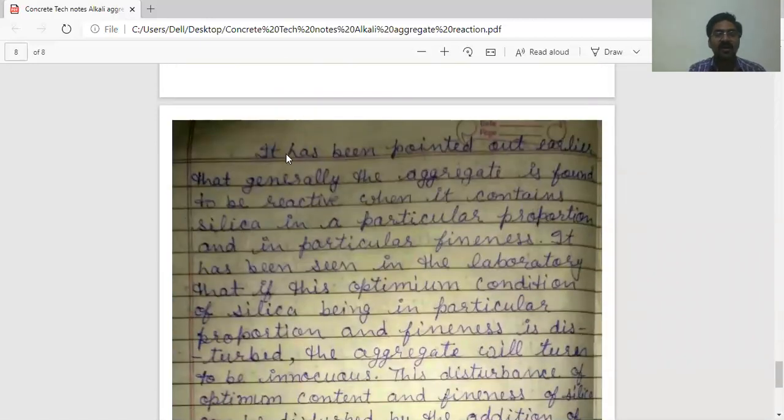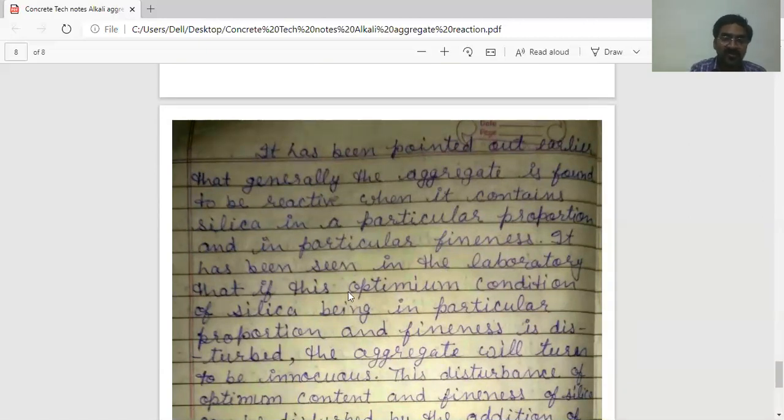And another measure is prevention of alkali aggregate reaction. It has been pointed out earlier that generally the aggregate is found to be reactive when it contains silica. Only in this case, aggregate is found to be reactive when it contains silica in a particular proportion and in particular fineness.